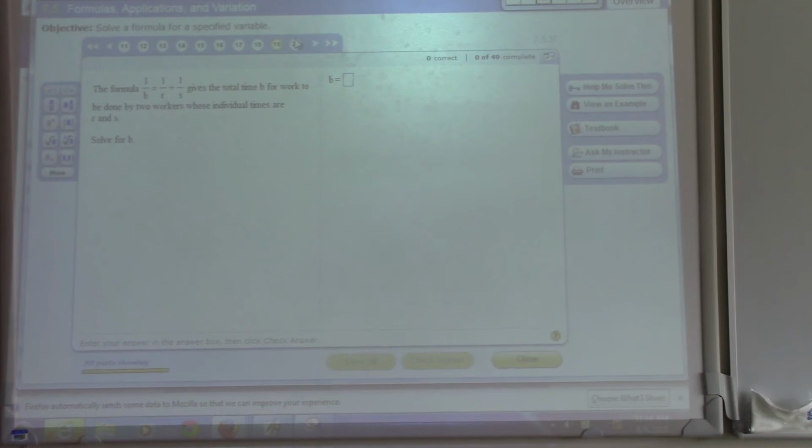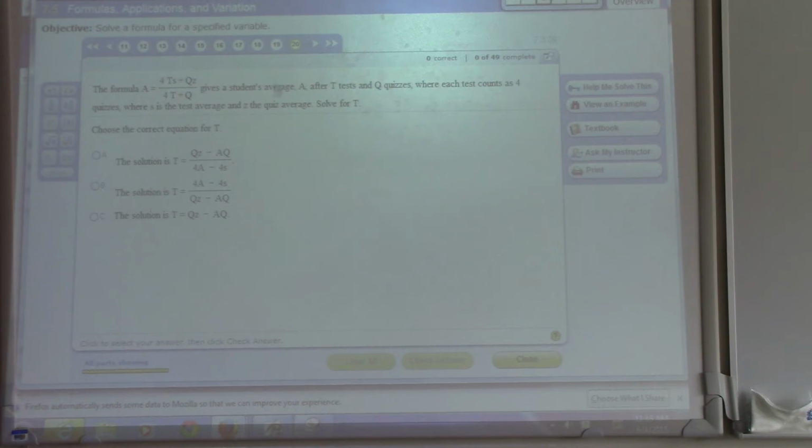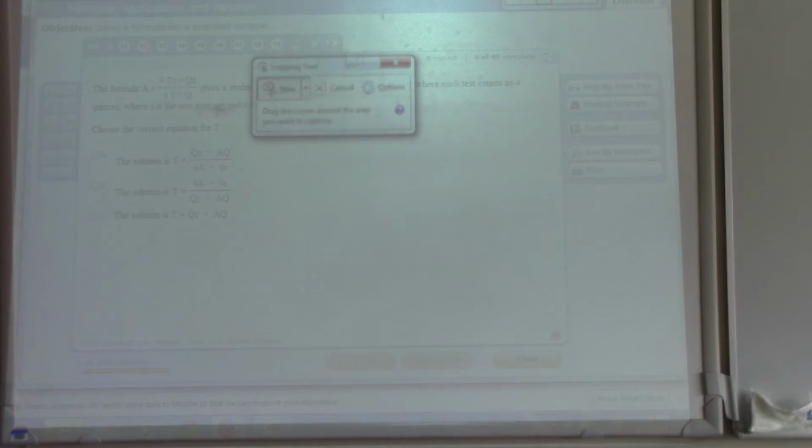I would like to find one that will be really, really, really discouraging to you. That looks good. Let me do the snipping tool, so you can see it on a clean sheet of paper.